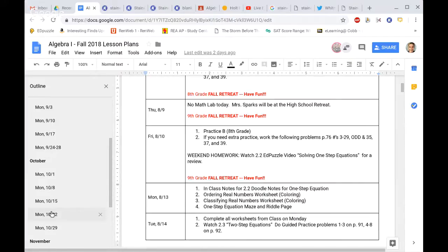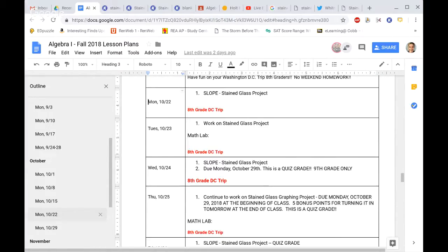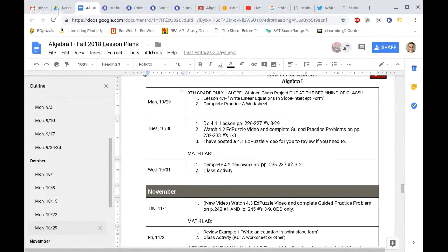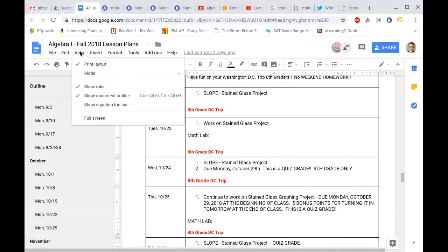I just arrow down, and like if I'm going to the 22nd, I do that. Like if I want to see what I'm going to do next week, I can go over to my outline and go down and it takes me to the 29th. That's weird. Mine doesn't have that. There's a way to turn it on, and that's why I'm looking.